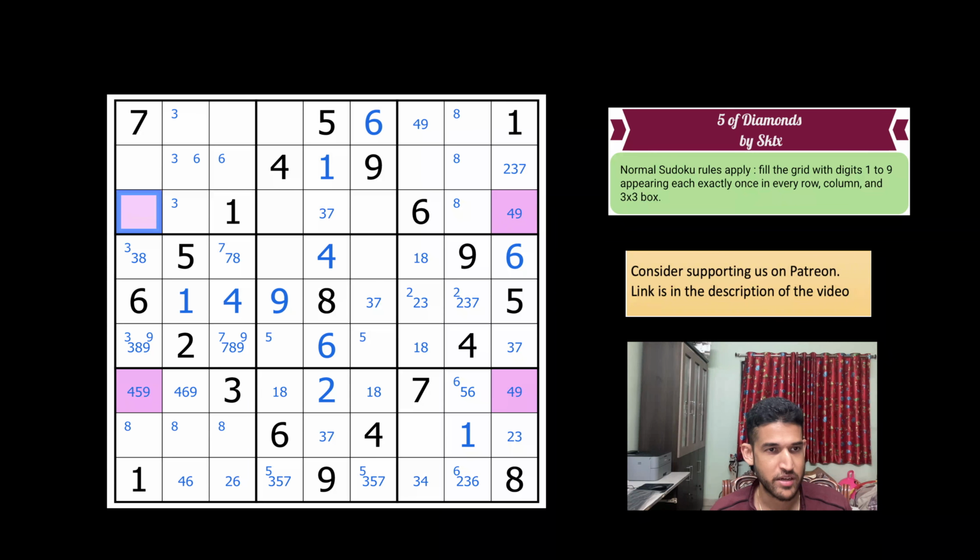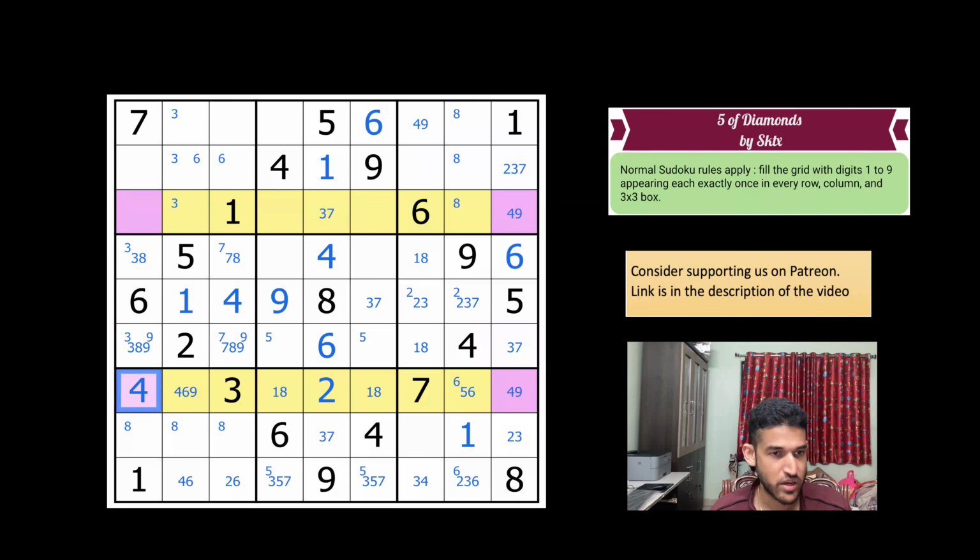If I have a 4 here, the 4 in column 9 is forced here. So which means all these yellow cells can't take a 4. This is one of the possibilities that can occur. What about the other? The other possibilities, of course, 4 is not here, but sorry guys. 4 is not here, 4 goes here in column 1.